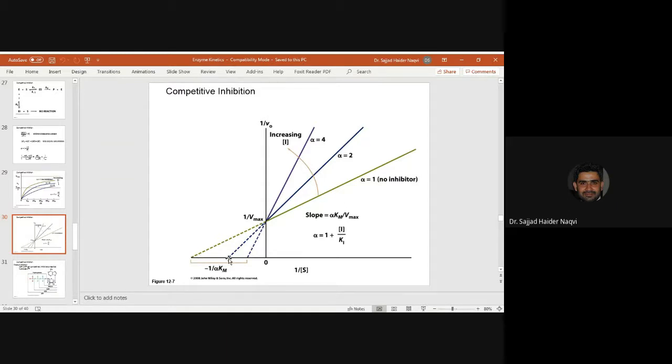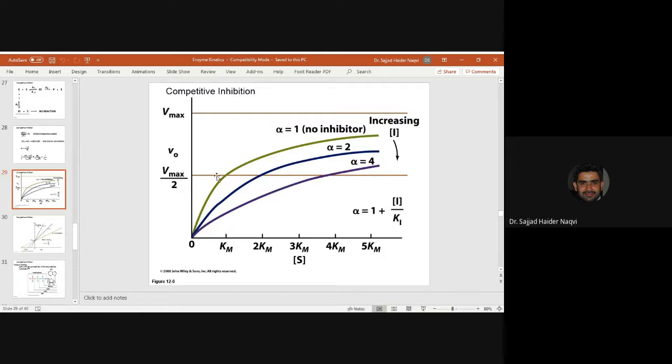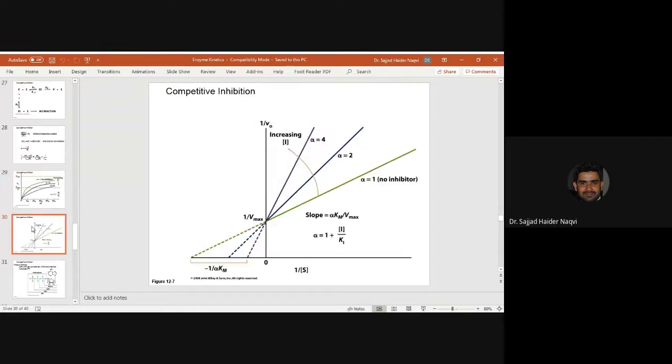Then when you have more inhibitor, the Km value is further increased, while it's not affecting half of the Vmax, as you can see here. The half of the Vmax is not affected by competitive inhibition. So now you understand that this Lineweaver-Burk plot is going to explain these parameters if an inhibition takes place, how it affects the mechanism and the kinetics.